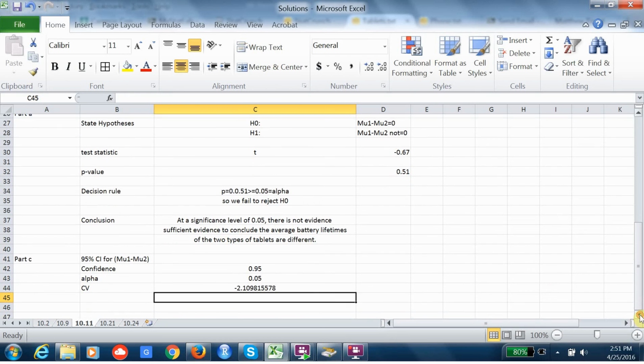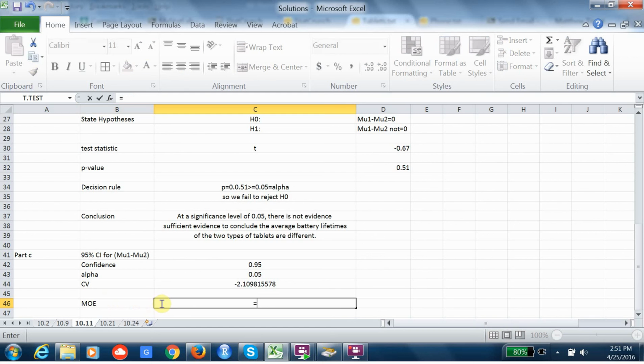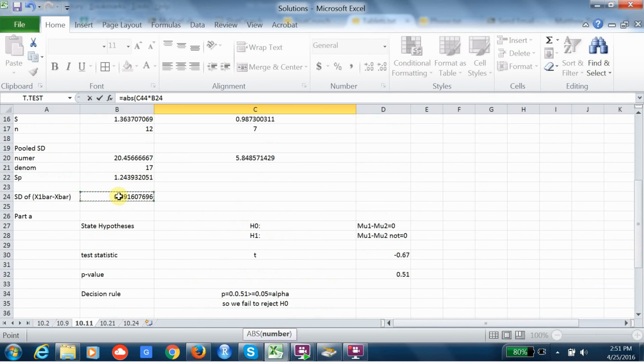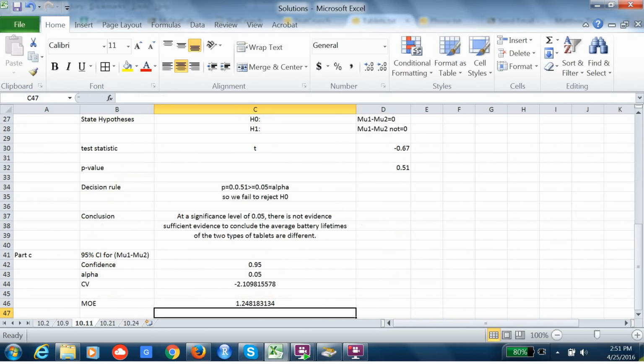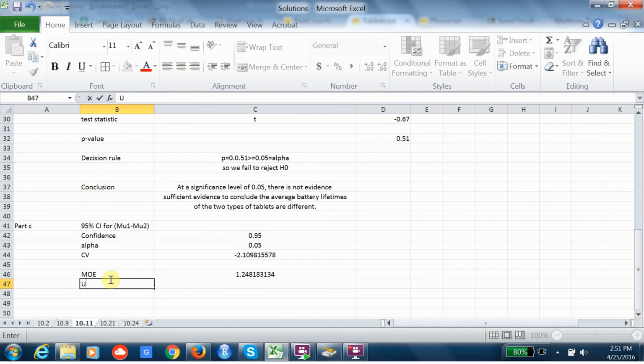And again, it'll be negative, which is okay. The margin of error is just going to be equal to this critical value times the standard deviation of x1 bar minus x2 bar, which we found was this. And now we're ready for the upper and lower endpoints. I'll do the lower first.